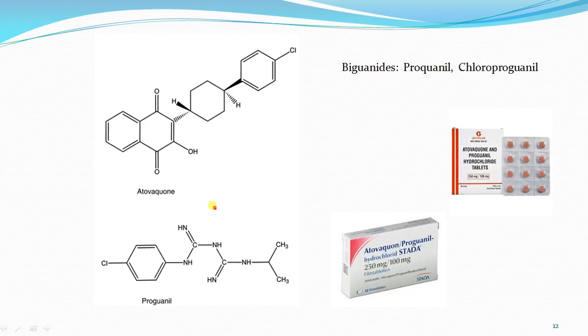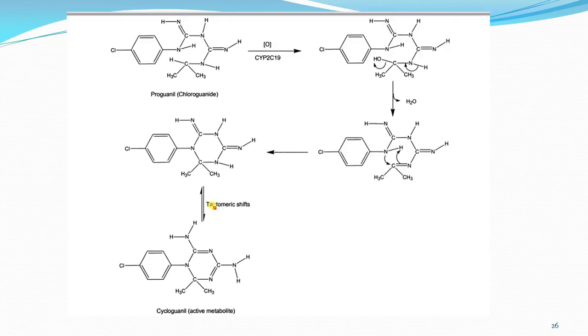Proguanil is a prodrug. This is the mode of action or metabolism of proguanil, that is chloroguanide. In the presence of cytochrome P450, it is metabolized to cycloguanil, primarily by cytochrome P2C19.